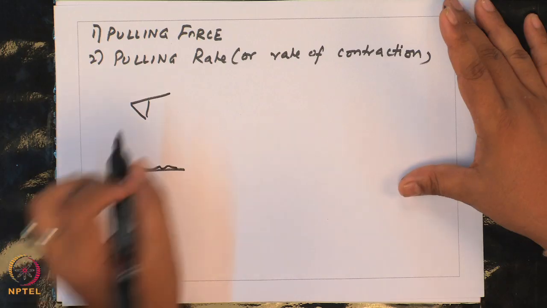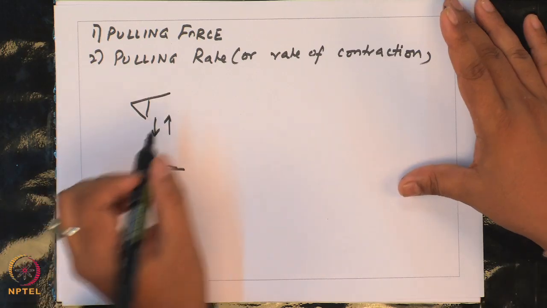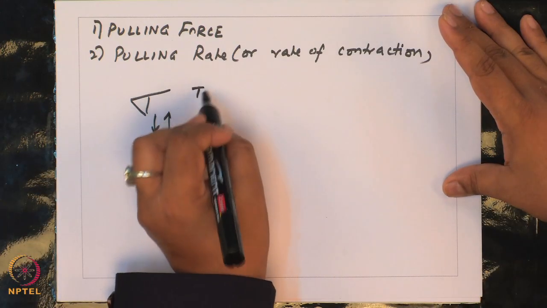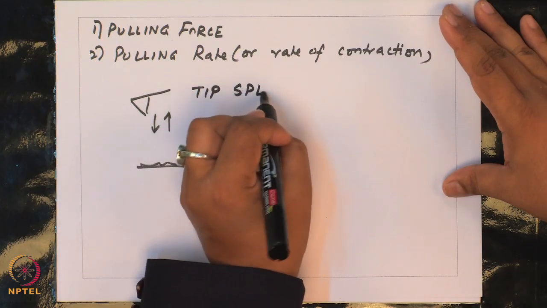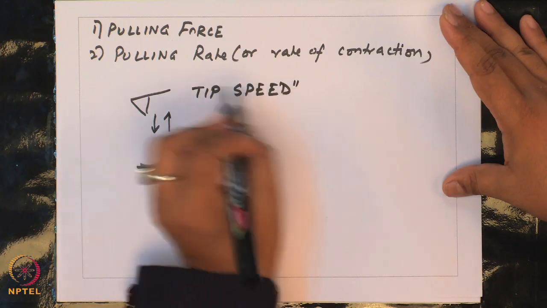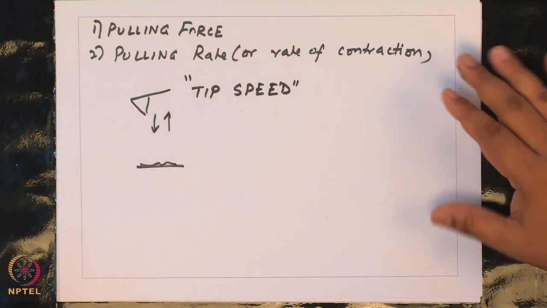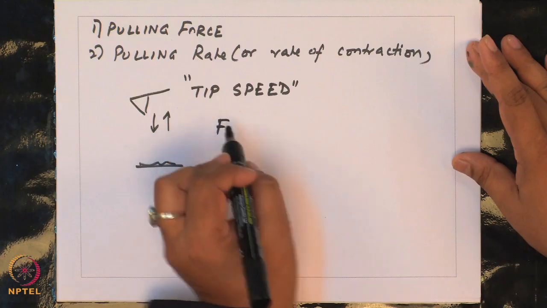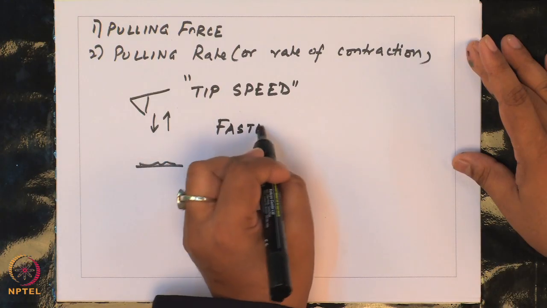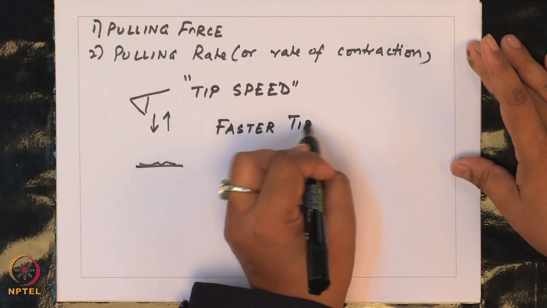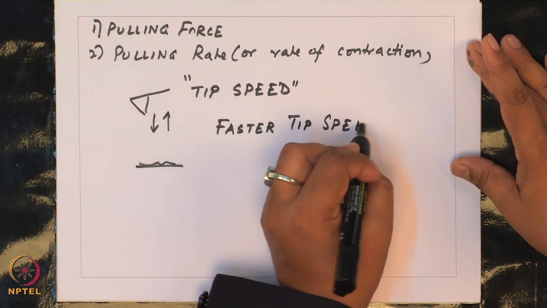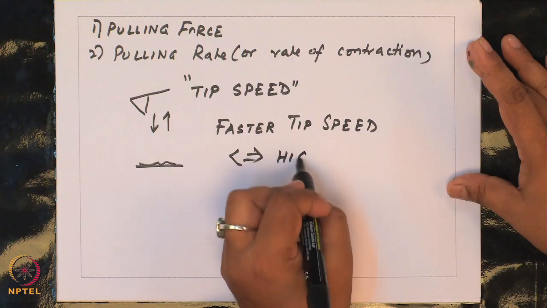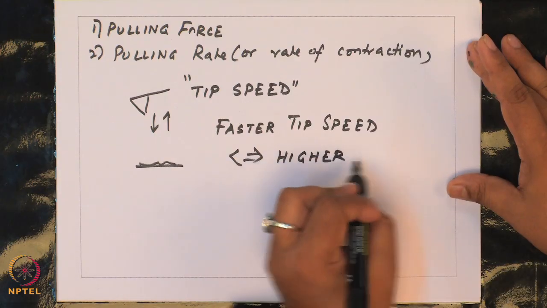you have your protein and what you change is the rate of pulling or the tip speed. So, if you change the tip speed, you can simulate, so faster speed is equivalent to higher pulling rate.